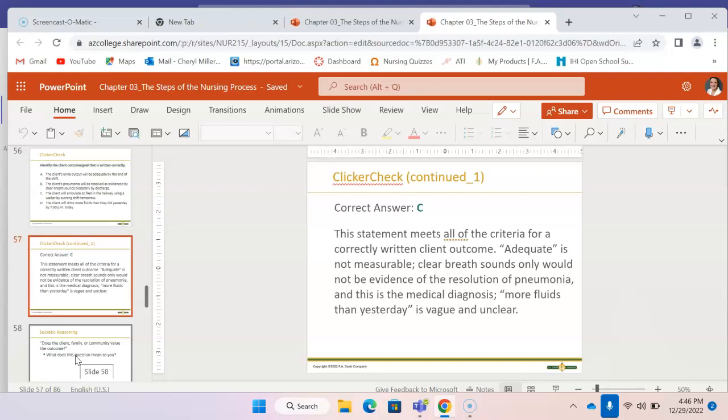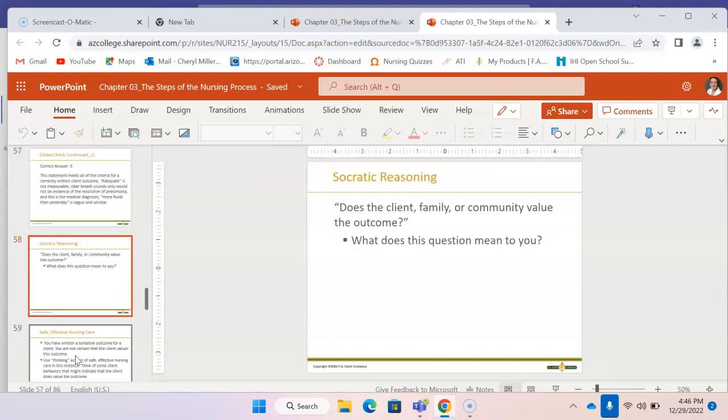So you want something that is really good. It's accurate, right? So think about SMART goal. Specific, measurable, timely, relevant, okay? So we use SMART goals a lot. Does the client, family, or community value the outcome? If the patient doesn't value the outcome, do you think they're going to meet your outcome?